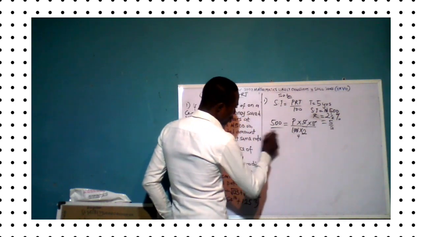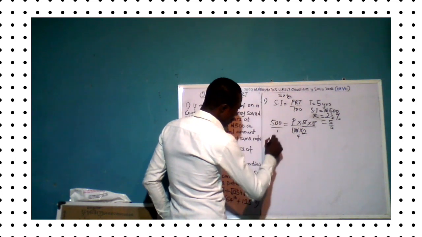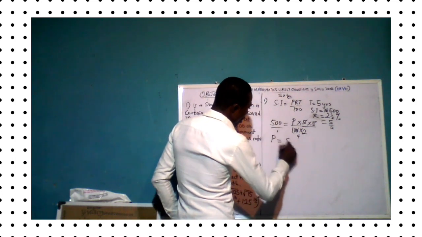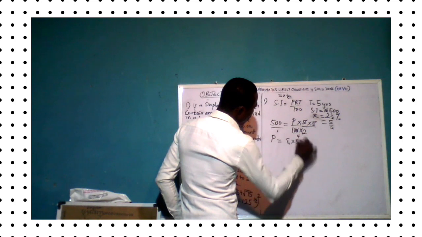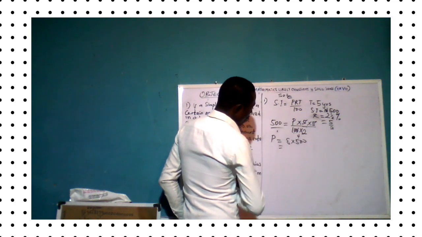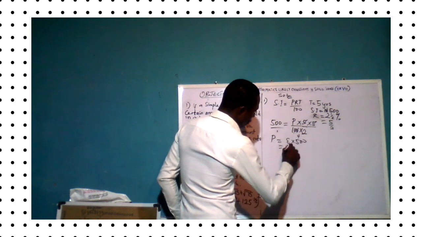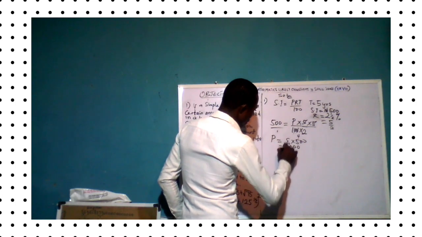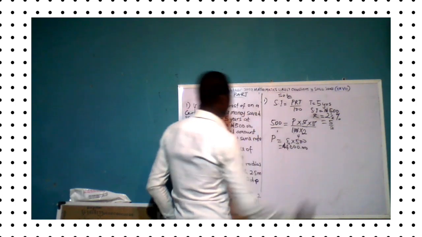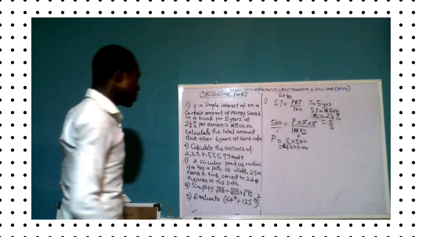Then you have 8 to cross multiply, and you have P equals 8 times 500, which will give us 4,000 naira. So the principal is 4,000 naira for the 5 years.